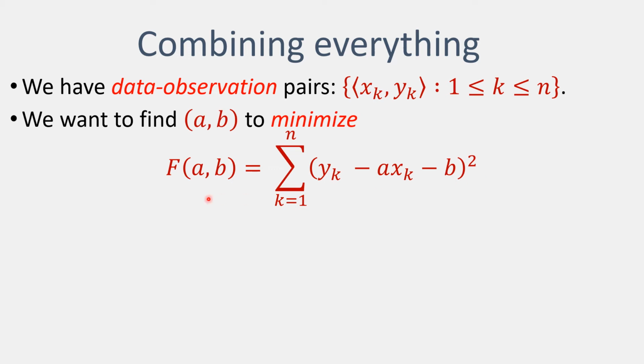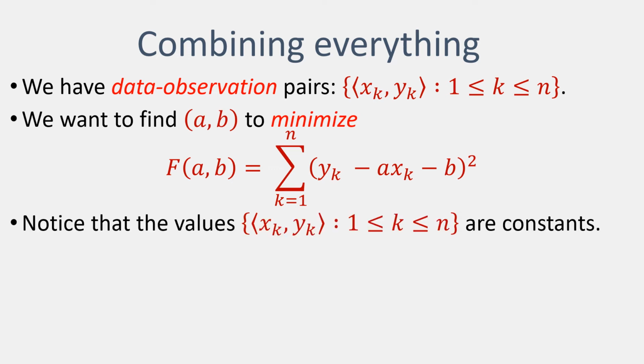So we're looking for a choice of these values which will minimize this expression. I should point out that the data and the observation values are constants. So this function is not a function of the data that we've been using. It is solely a function of these two parameters here.